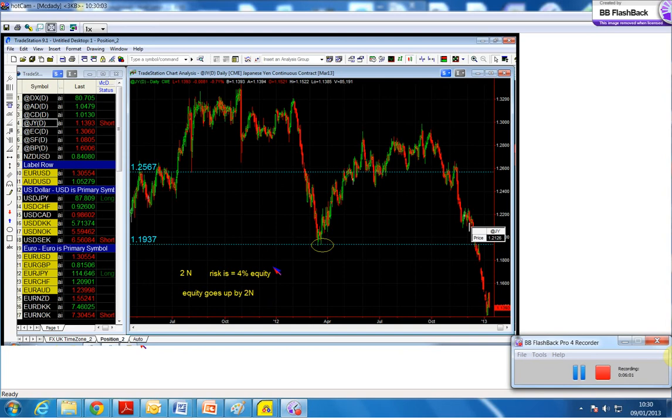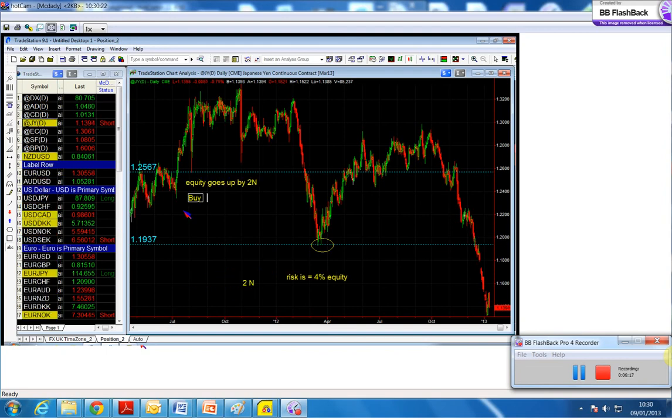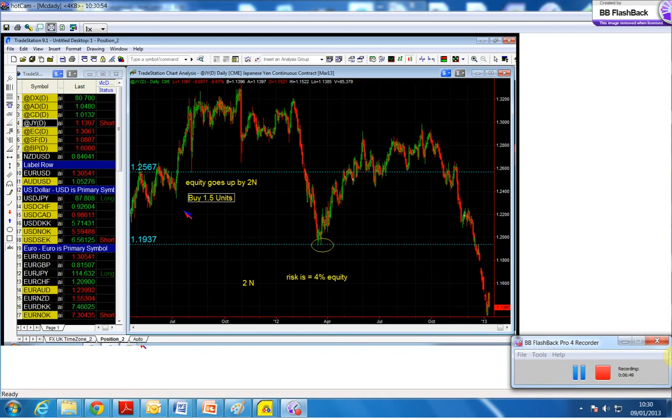So what you do now is this. When your equity goes up 2%, you can buy 1.5 units, or let's say an additional 2 units.